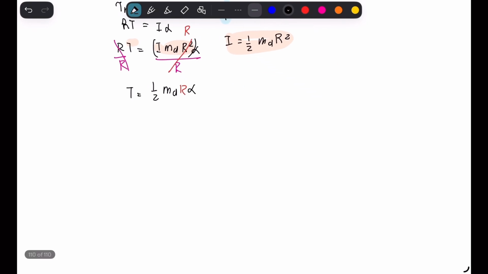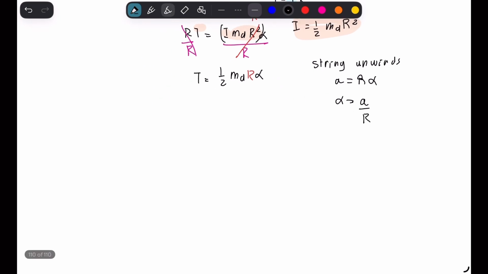Now, how can we relate linear and angular acceleration? Because the string unwinds, our acceleration is equal to our radius times alpha. Now alpha is going to be a over R. If we substitute this into our equation here, we have this as alpha.